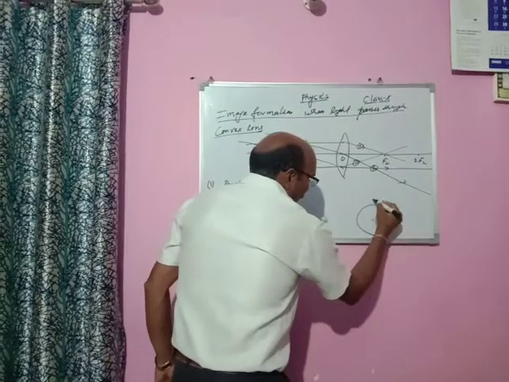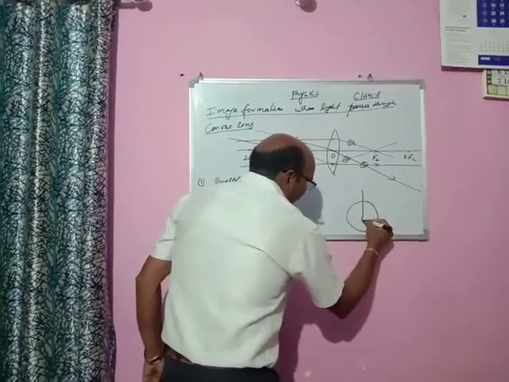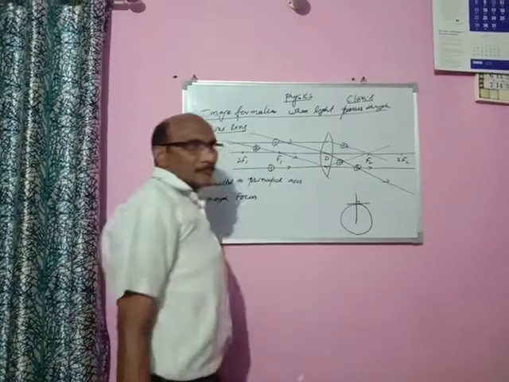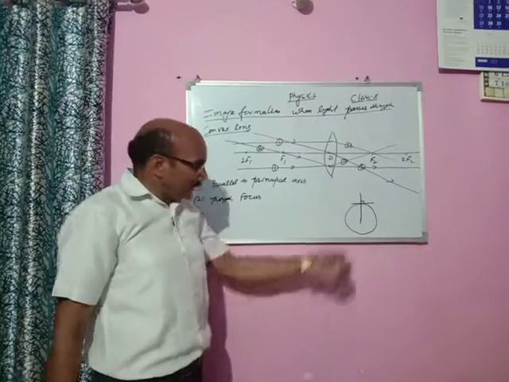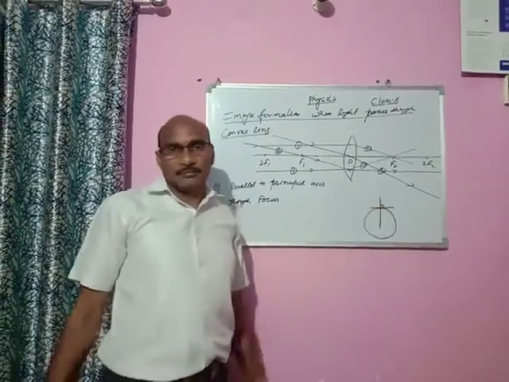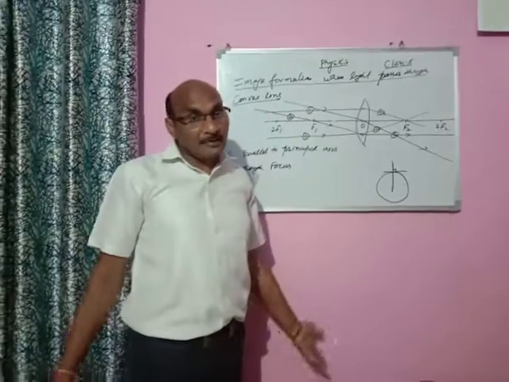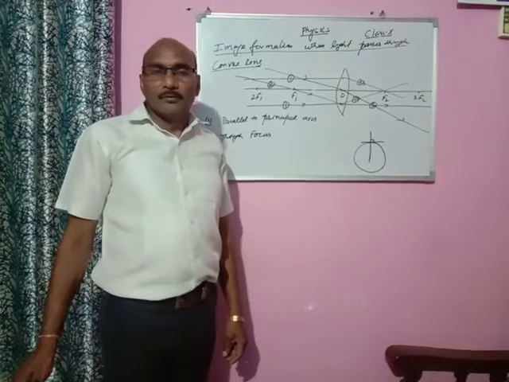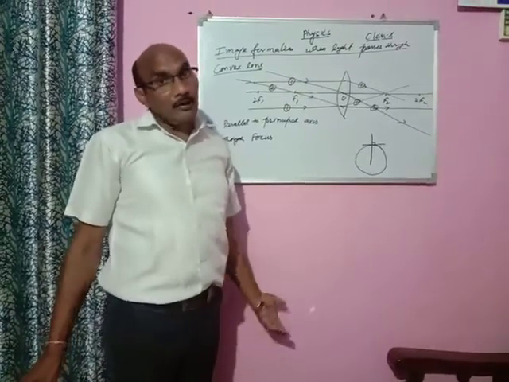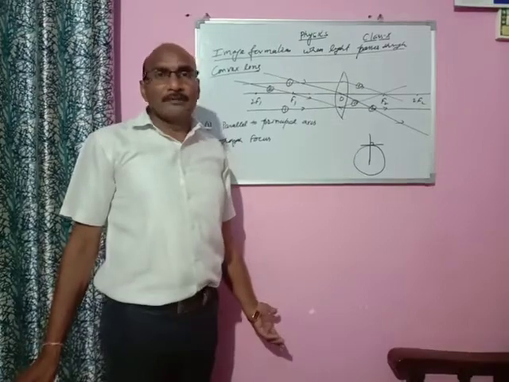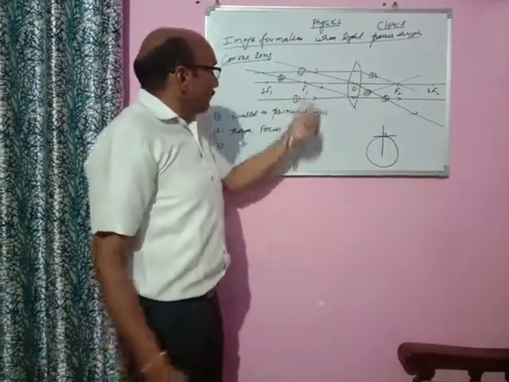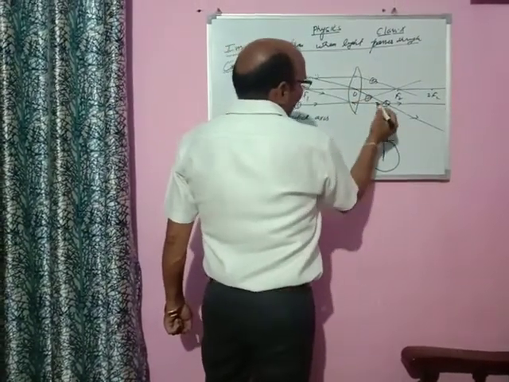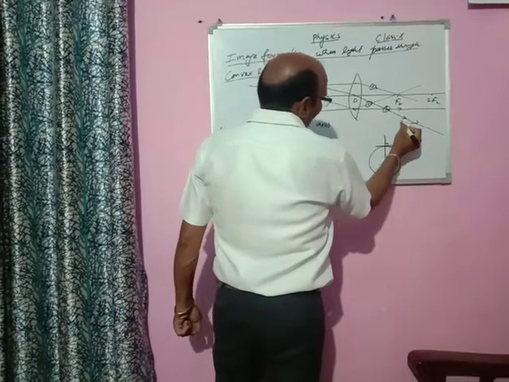This is the center. One line is coming to the center. Draw the normal, the tangent at this point. This angle is 90, this angle is 90, so angle i is 0. As I told you earlier, when the light comes at the angle of 90 degrees, angle i is 0 and angle r also will be 0. Light does not deviate from its path. So light ray number 3, which is coming at the optical center, will go undeviated.